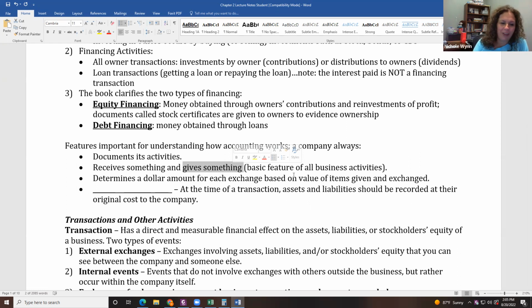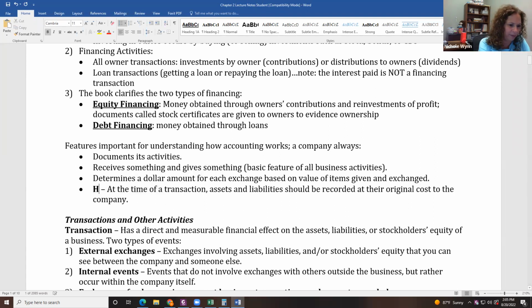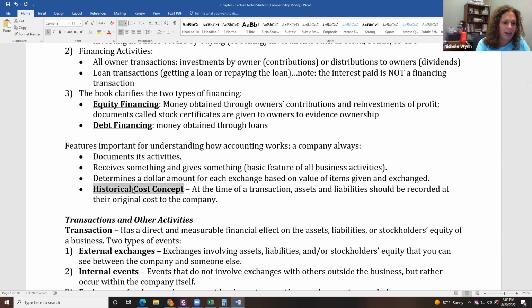All right. And then we're going to use dollars for the exchanges because our unit of measure is dollars in the United States. So this blank is the historical cost concept. Okay, so the historical cost, we could put principle instead.